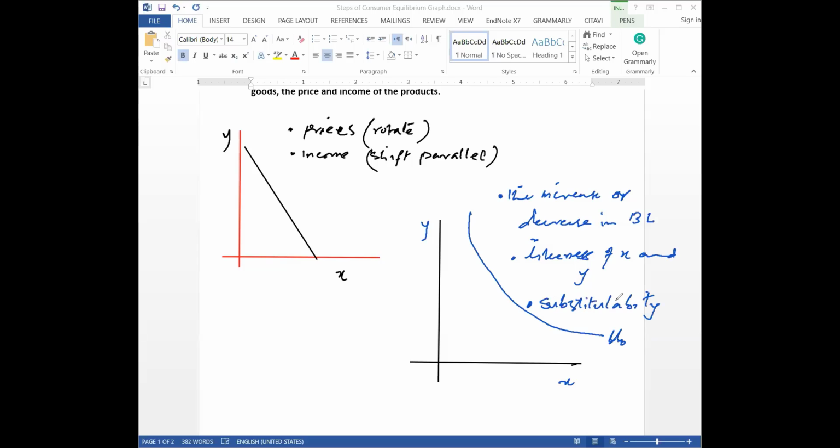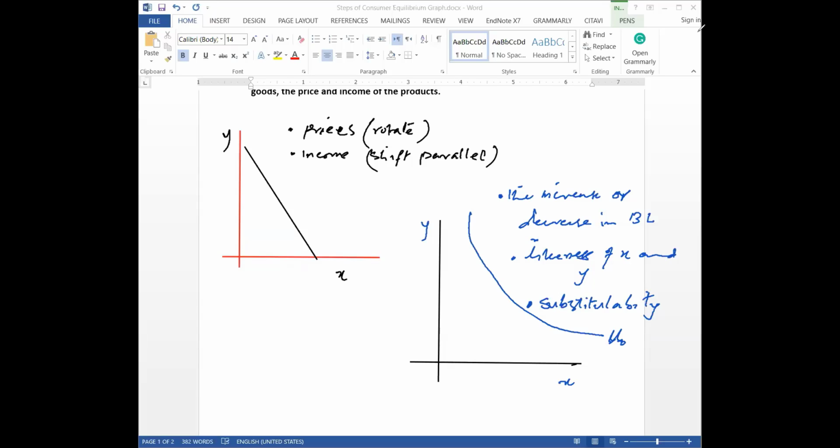If the products are substitutes, it will be a straight line. If they are complements, it will be L-shaped. So these are a few properties that I will discuss in detail on the next page. Hopefully the basic concept is revised here, and they were discussed in detail in the previous classes. So let's continue and discuss the next point.